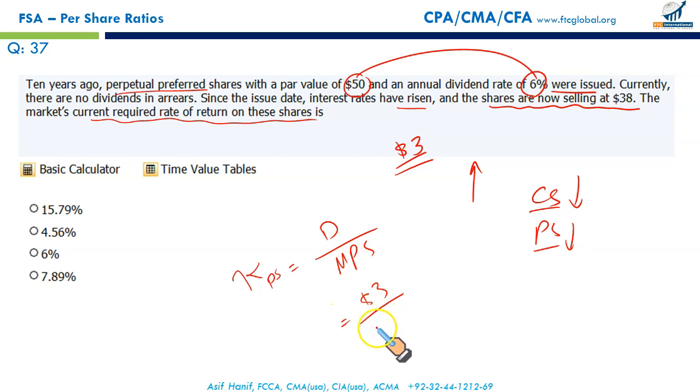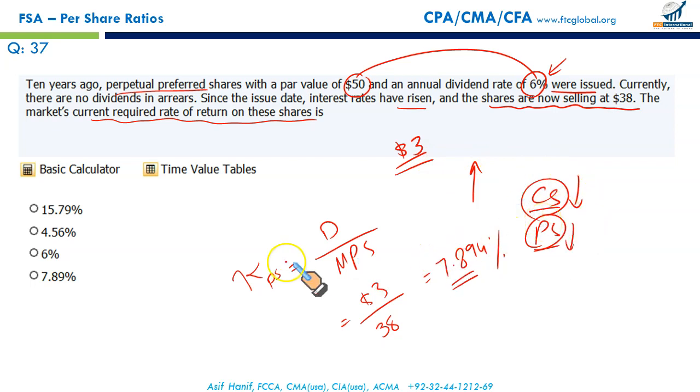Market price right now is 38. So it's going to be 3 by 38 times 100. It will give you 7.894%. So despite having a 6% coupon rate on the par, the required return goes up because the interest rates have increased and the price of the stock has fallen. So the required rate of return on these shares is going to be 7.89. That makes D the correct option.